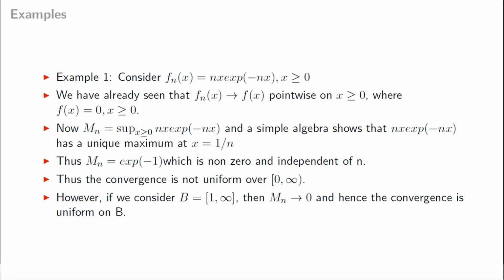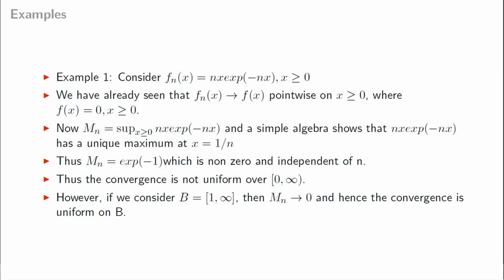So let us consider some examples of this. Consider first of all the sequence of functions given by nx multiplied by e to the power minus nx for x greater than or equal to 0. We have already seen that f_n(x) converges to 0 for x greater than or equal to 0, but the mode of convergence was pointwise, and the convergence was also uniform over some suitable interval. So let us consider our mathematical definition for illustration.